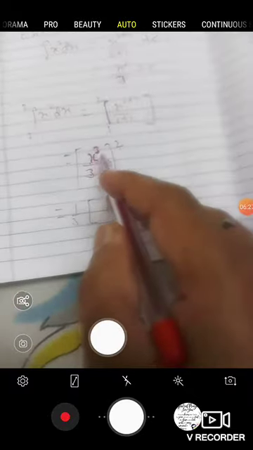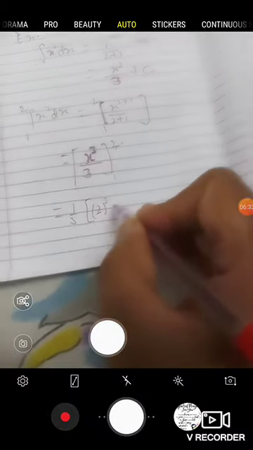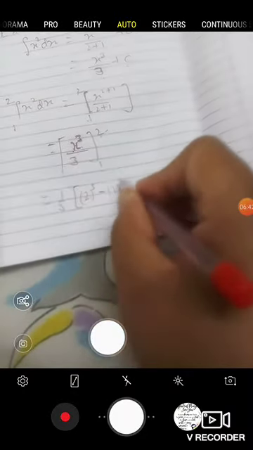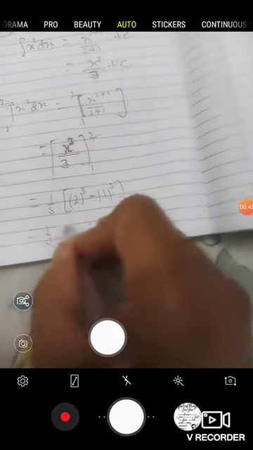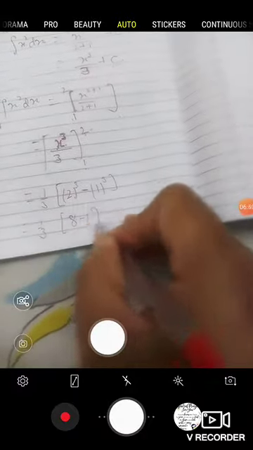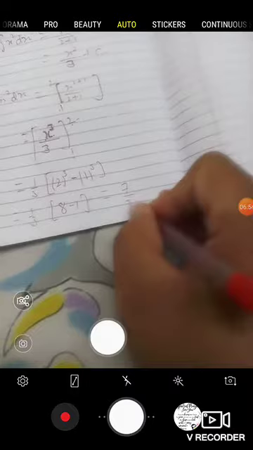Then in place of x I will first put 2, the upper limit, so this becomes 2 cube, minus, now in place of x I will put 1, the lower limit, 1 cube. So my answer will be 1 by 3 into 8 minus 1. The answer will be 7 by 3.